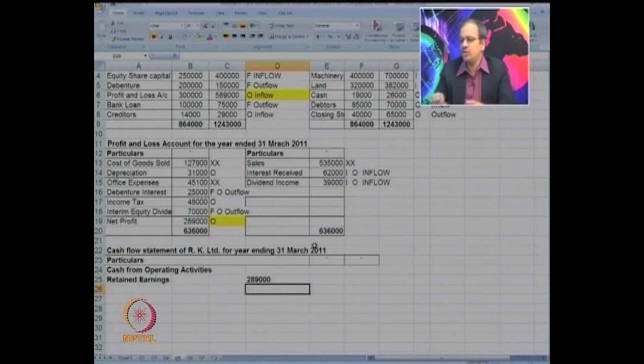To this we need to add the income tax. If you remember, basically we take profit before tax. To this we also need to add interim dividend.